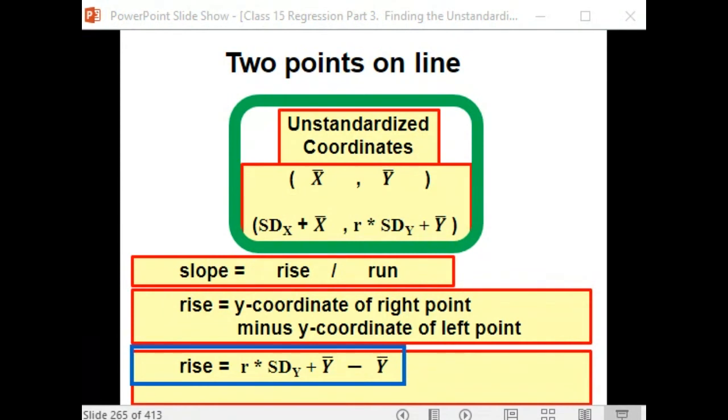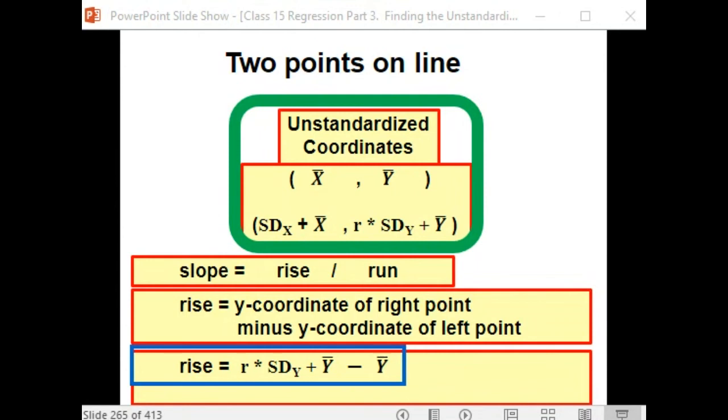So the rise is equal to r times the standard deviation of y plus the mean of y minus the mean of y. Now, I'm not sure I read that right, so I'm going to say it one more time.